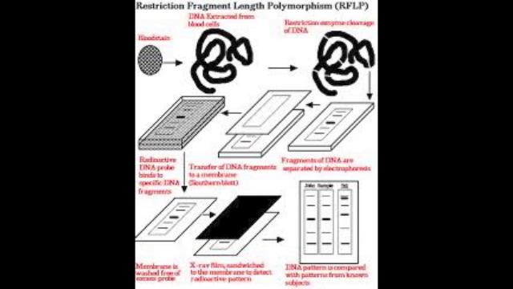Then the membrane is washed of the excess probe, and then the X-ray film is placed on the membrane to detect the radioactive pattern. And finally, the DNA extracted from the RFLP is compared to the DNA found at the crime scene to detect who the real criminal is.